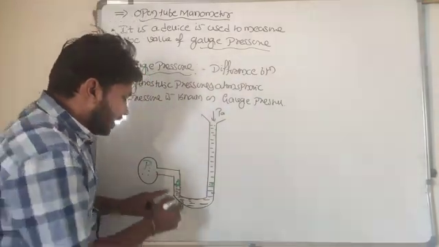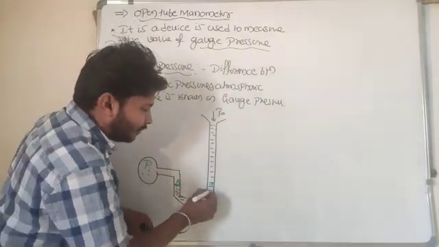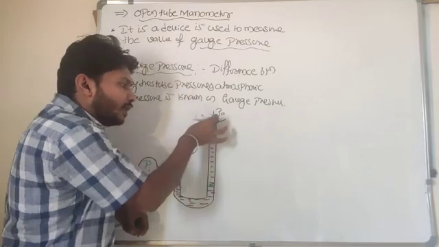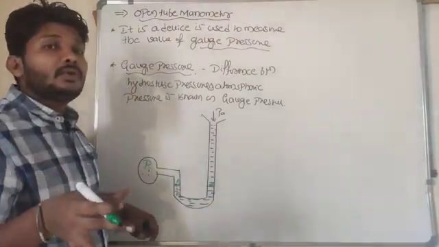Pressure at point A is equal to the sum of pressure at point B due to the liquid column and atmospheric pressure. So what is the value of pressure at point B due to the liquid column?